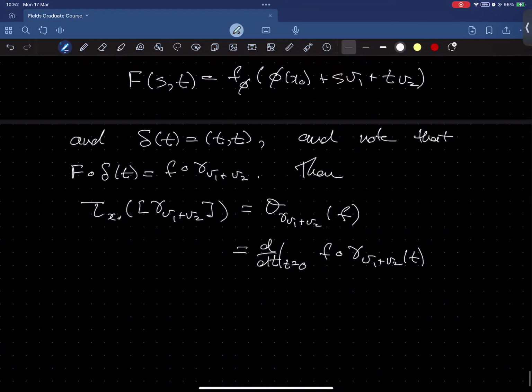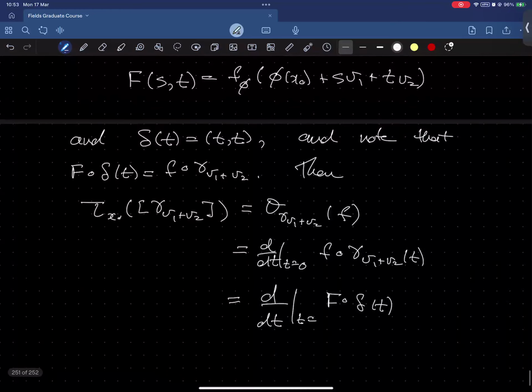So now we note that this is that. So this is d by dt at t equals 0 of capital F composed with delta of t.